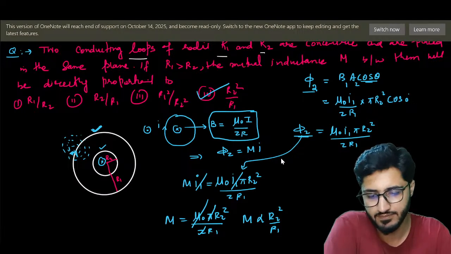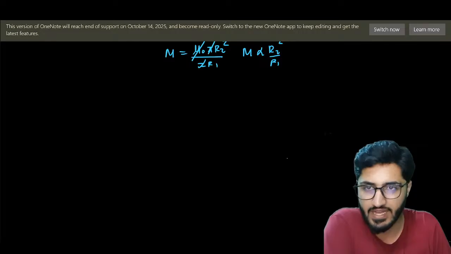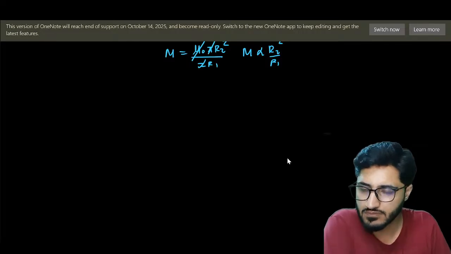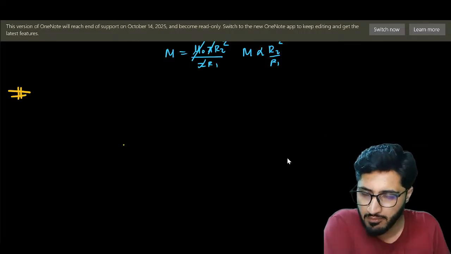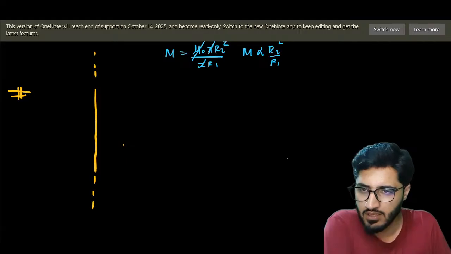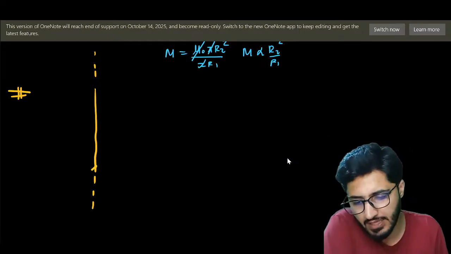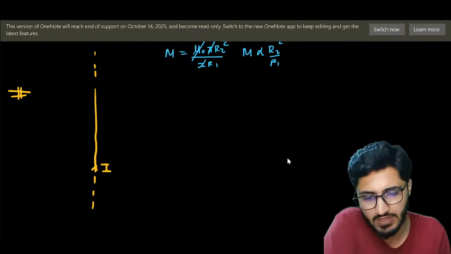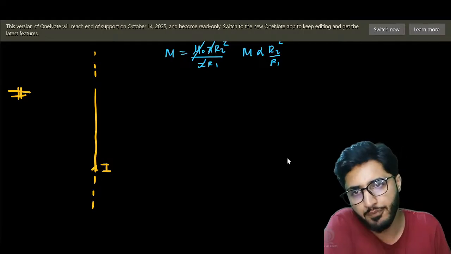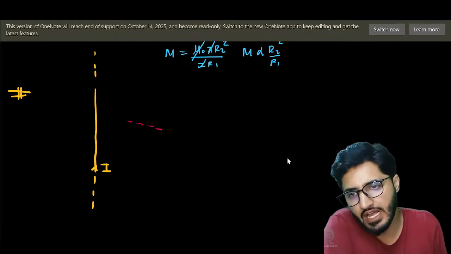Done. One more numerical. Suppose we have a straight wire in which current I is flowing, and perpendicular to it we have a loop.